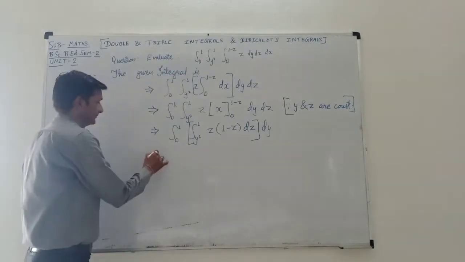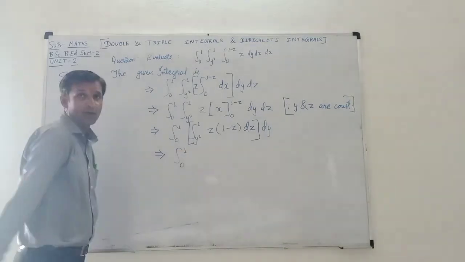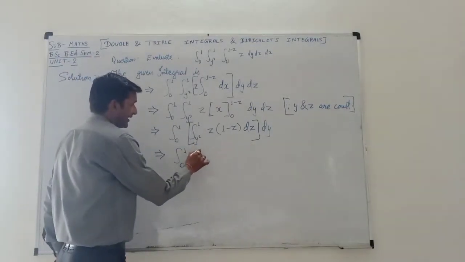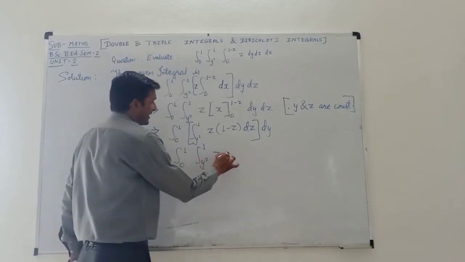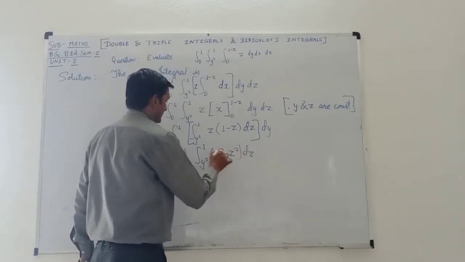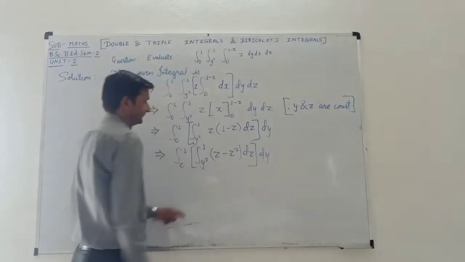So integration from 0 to 1, and here it will become integration from y square to 1, z minus z square with respect to z and then with respect to y.